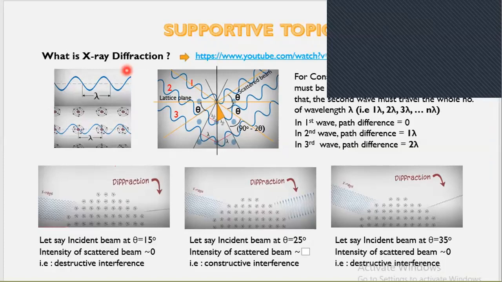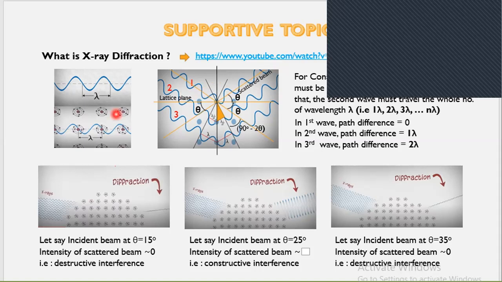What is X-ray diffraction? Well, you can watch the whole video through this link. I found the topic very well explained via animated videos, but here we are going to derive Bragg's law for X-ray diffraction. Basically, X-ray diffraction is the scattering of X-rays through a crystalline material.